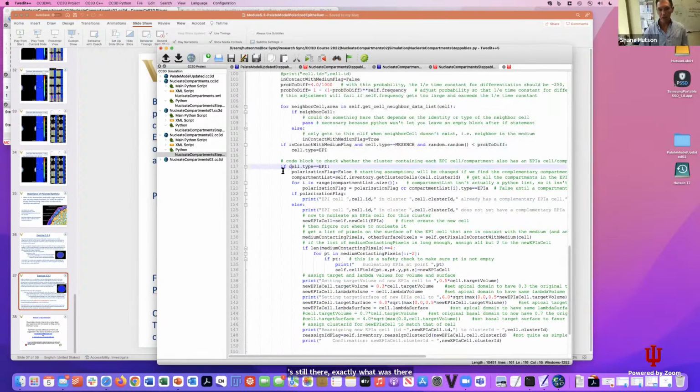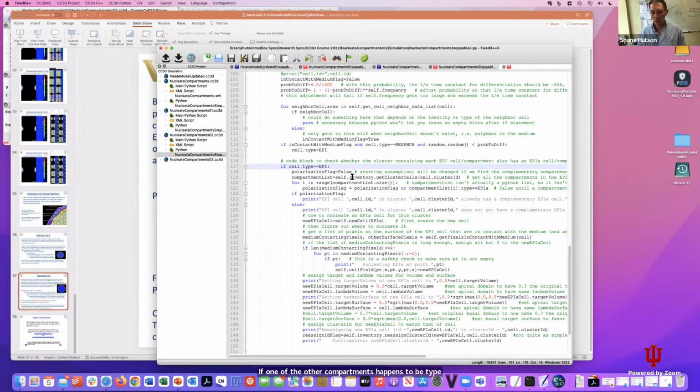But the new code block says, if we have a cell of type epi, let's check whether it's appropriately polarized. So we'll set that Boolean false to start with, check over the compartments, and change that polarization flag to true if one of the other compartments happens to be type epi-A.